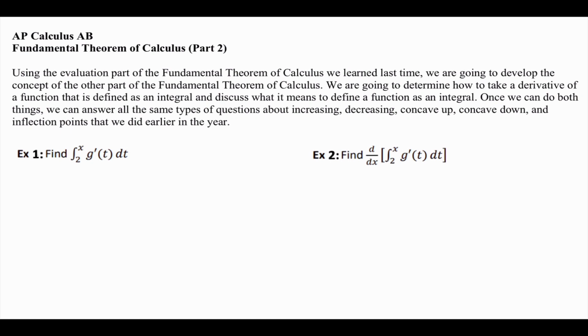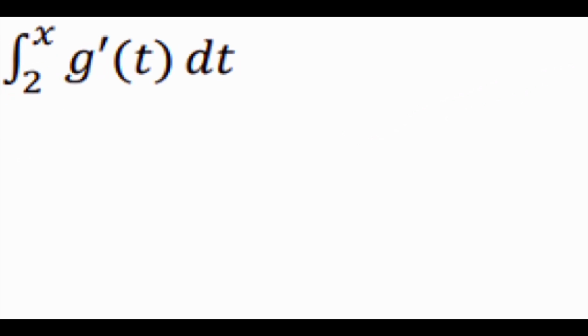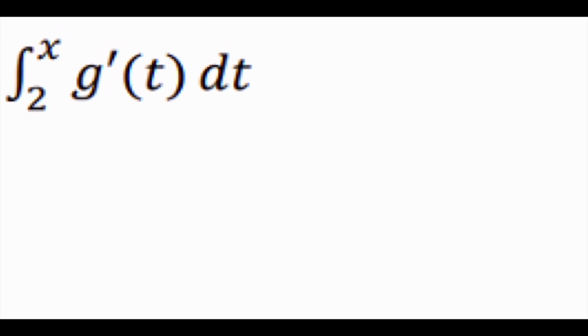So before I show you what it is, let's try this guy. Let's do example number one. Okay, so example number one says find the area under the curve 2 to x for g prime. So when we're finding this guy, what's the first thing we always do when we're finding area under the curve?